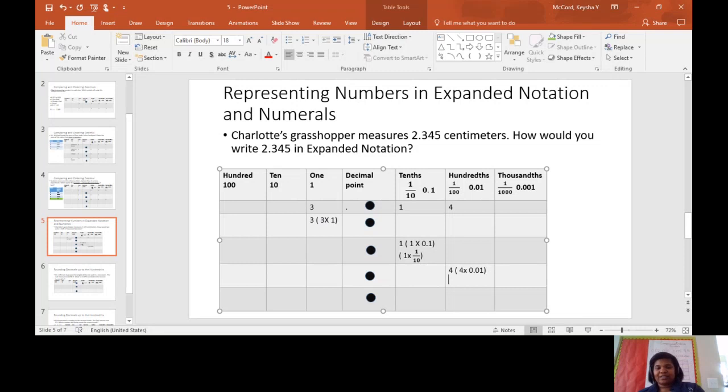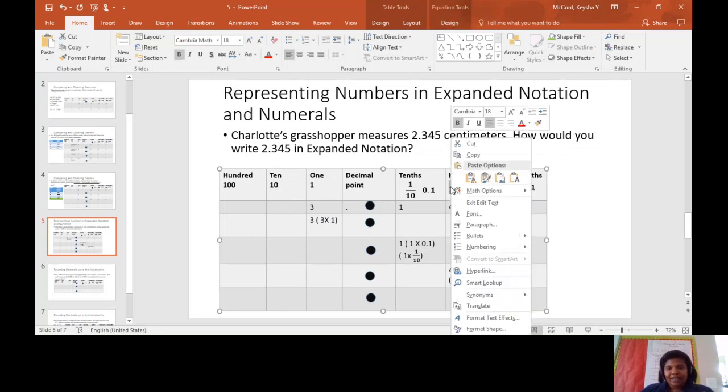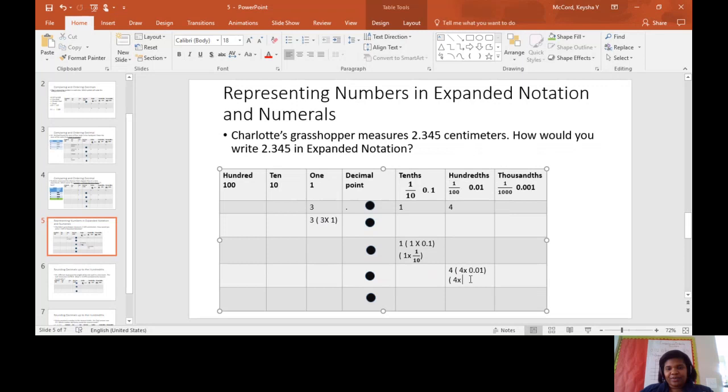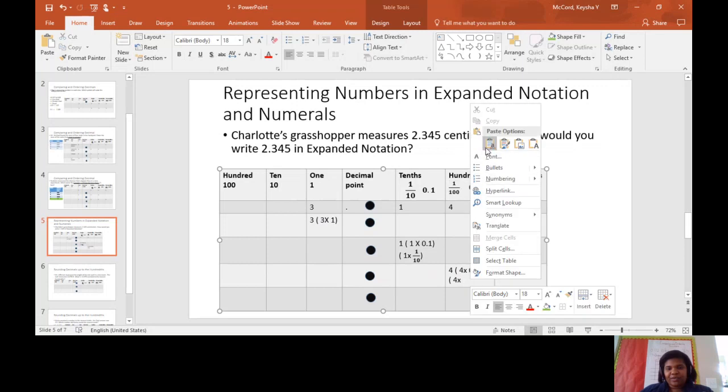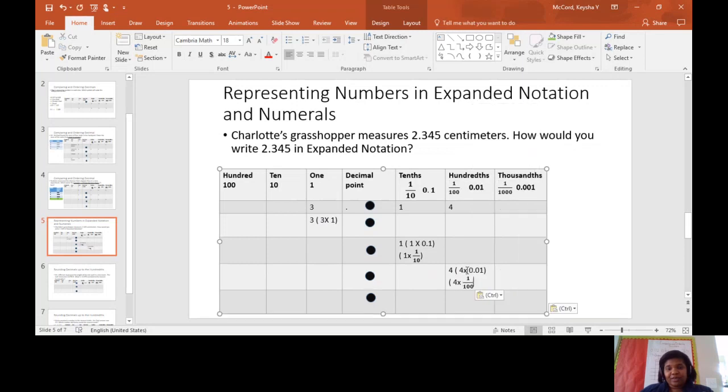And then let me do the last one. Okay, so this is how I'd write 3 and 14 hundredths in expanded notation.